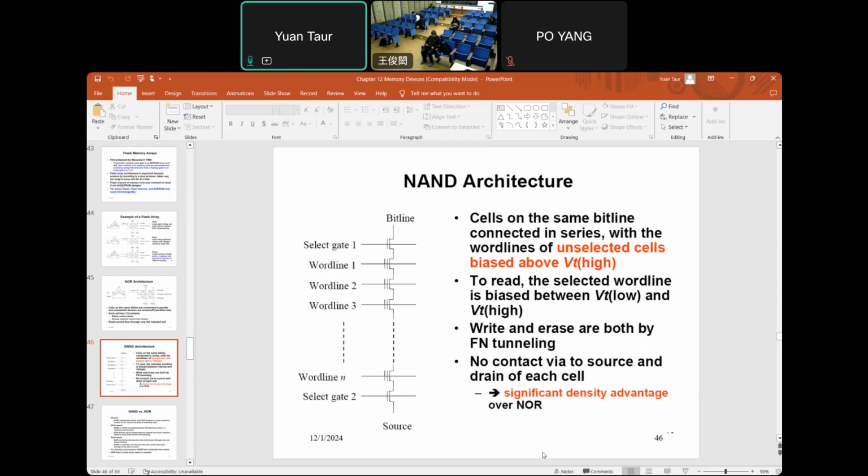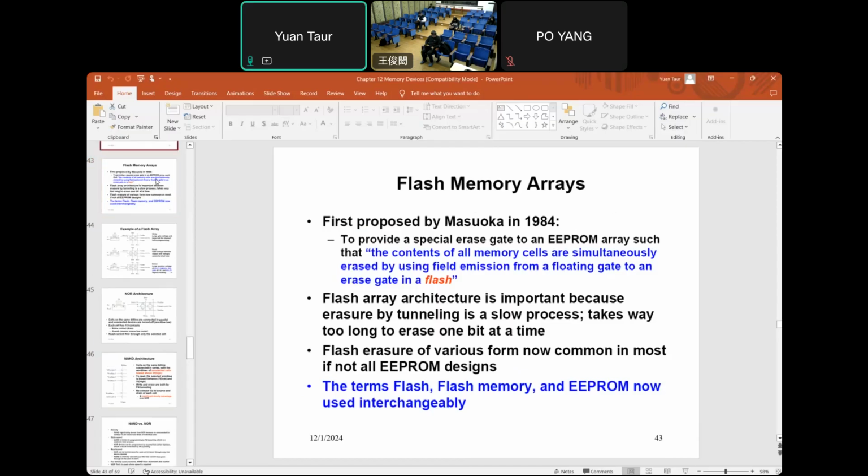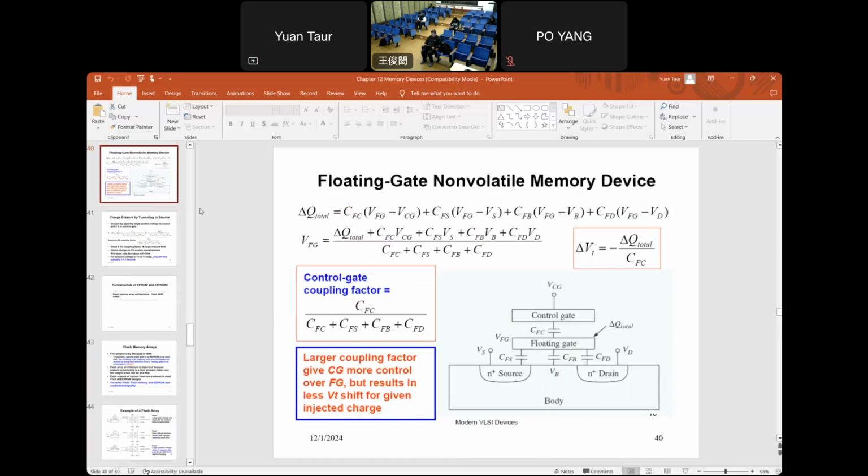Okay, we continue. That was the last chart we discussed.